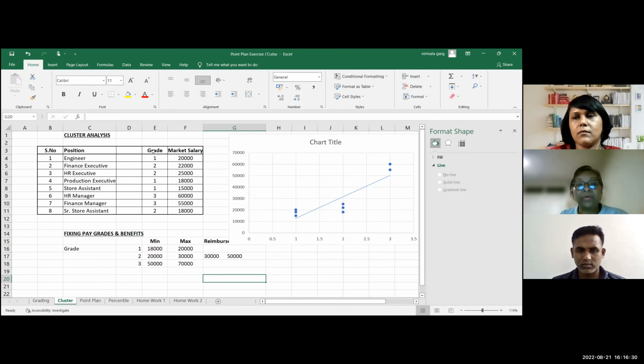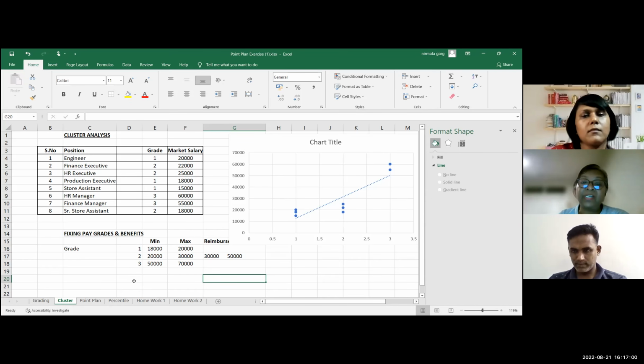Once you have done your job evaluation, map them into grades. Then how do you fix pay grades? You get your market data, do your scatter graph, and that will give you an indication of how to create your grades with min and max. Once you have done your pay grades, you can also fix all your benefits, reimbursements, etc., based on the pay grades.